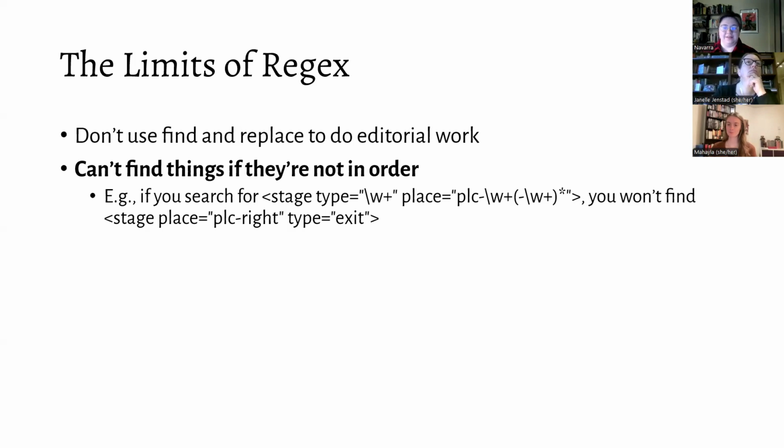That's why consistency in encoding is really important. If you need to batch change something down the road, it's way easier if everything is encoded consistently in the same way from the get-go. As I mentioned, you can change the order using regex if you need to, but if you encode things consistently from the beginning, it's much simpler.